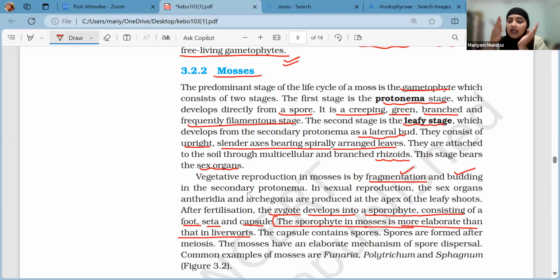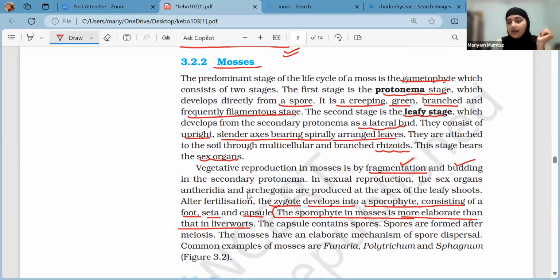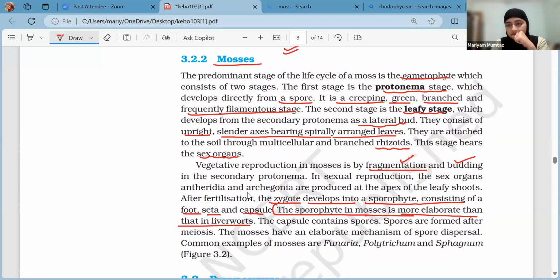Apart from that, after the sexual reproduction has been done and after the zygote has been formed, the development takes much more time. And that is also the reason why we say that the sporophyte in mosses is more elaborate. Clear? Now, the capsule contains spores. Spores are formed after meiosis.